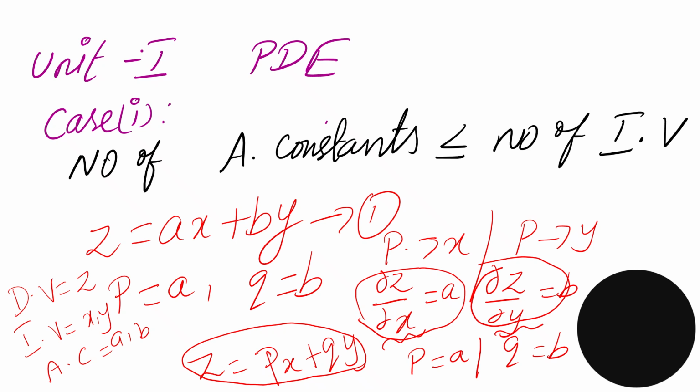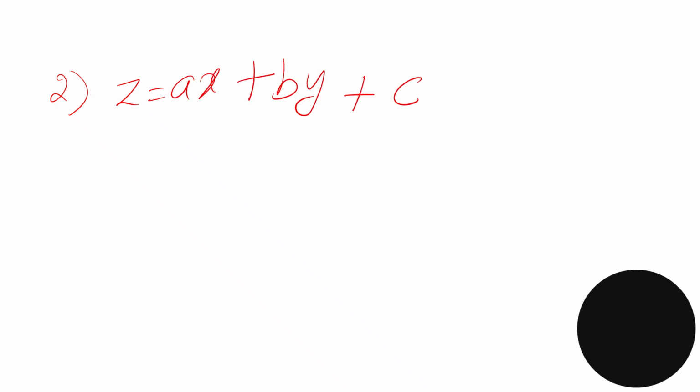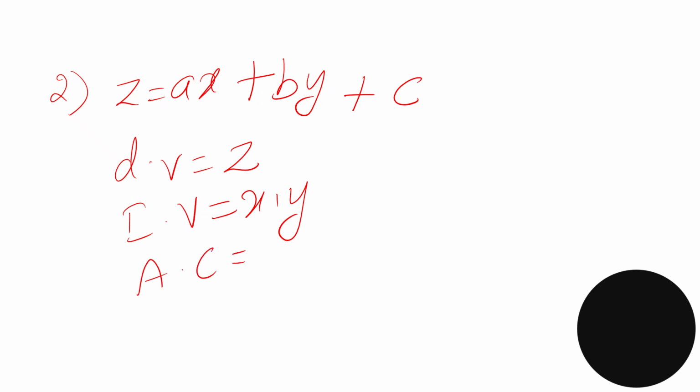But why this is important: for example, if I take the example z equal to ax plus by plus c. In this case, the independent variables are x and y, and the arbitrary constants are a, b, c.